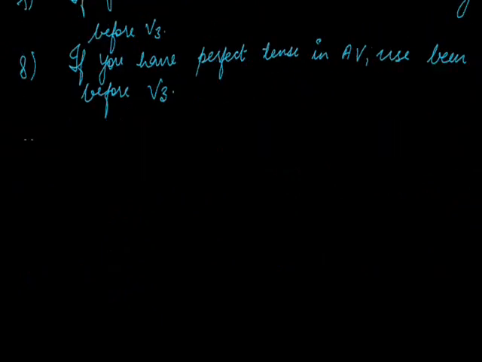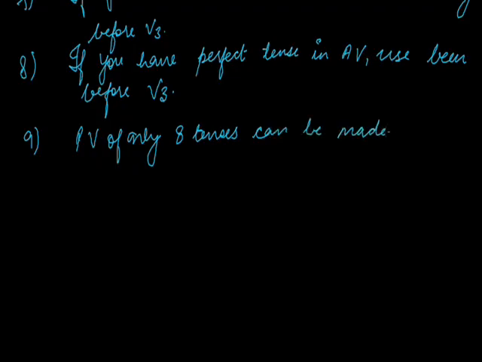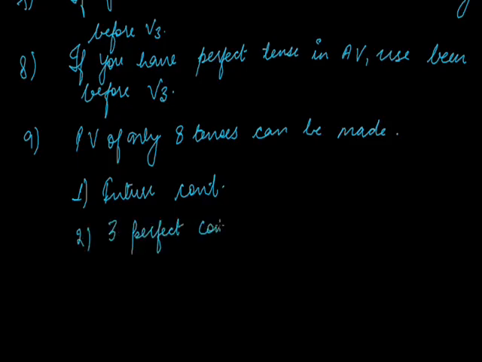Now, one of the most important rules is that passive voice of only 8 tenses can be made out of your 12 tenses. The tenses whose passive voice cannot be made are your future continuous and your 3 perfect continuous tenses. These are the 4 tenses whose passive voice cannot be made.